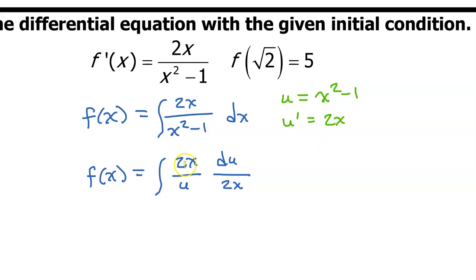Very nice. I see that we have a 2x in the numerator and the denominator, so those are gone. And then we have f of x equals the integral of 1 over u du.